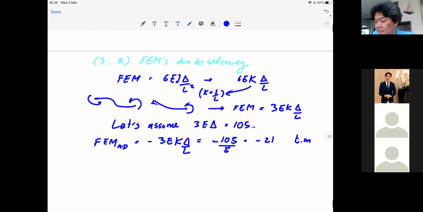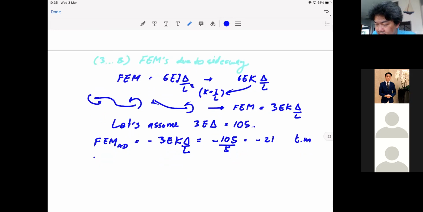Okay. For member BE, now you have FEM BE equals FEM EB. Now you have 2, okay?